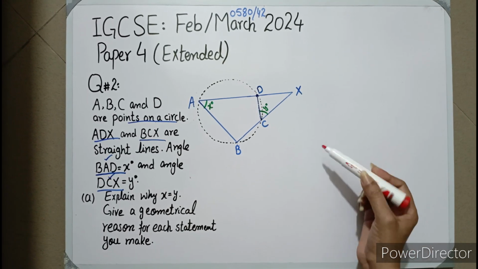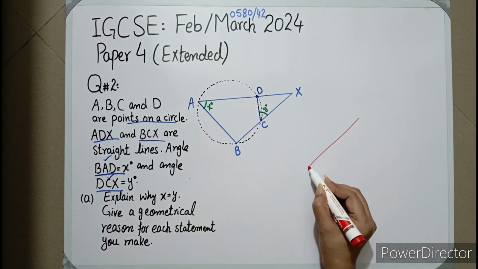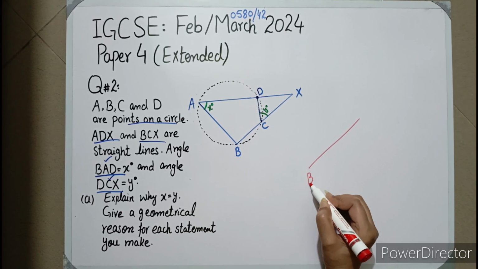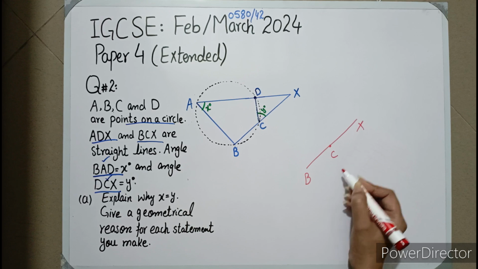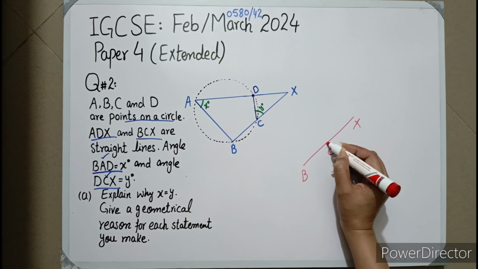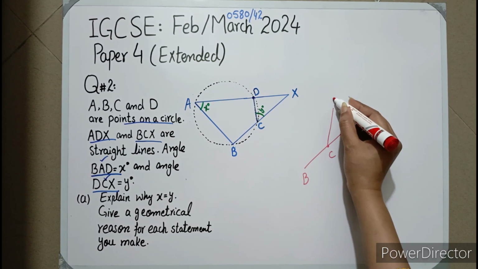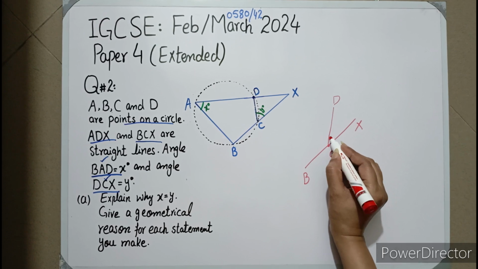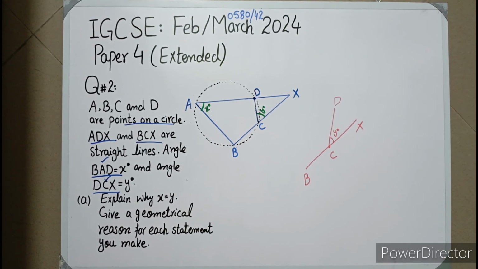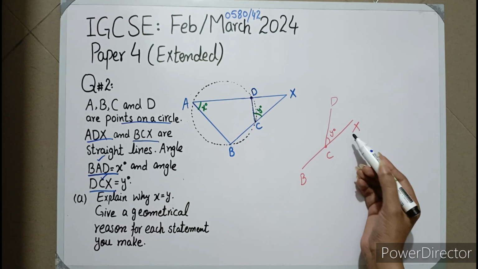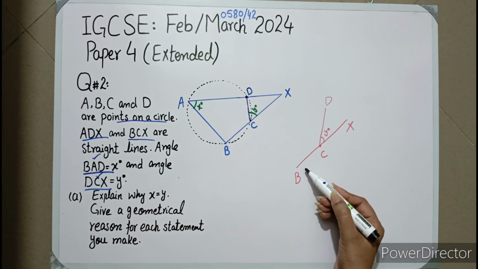As you all know, B, C and X is a straight line. This is D. This angle is y. This is the elementary result of geometry, that the angle on a straight line is 180.